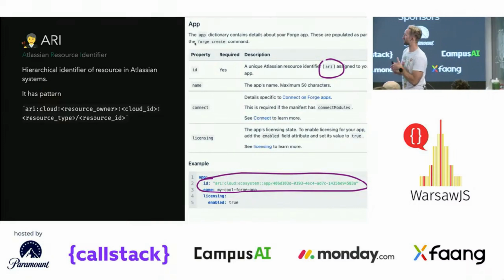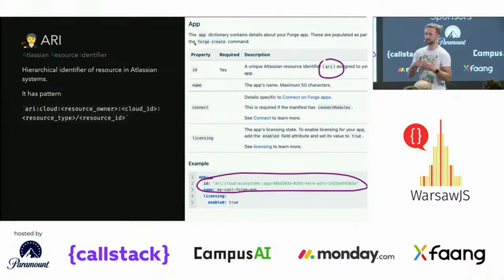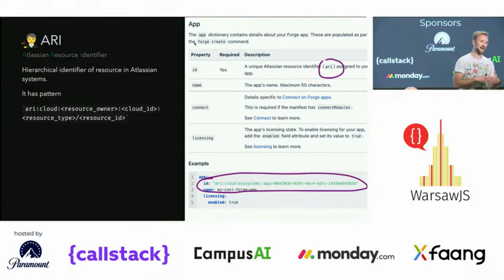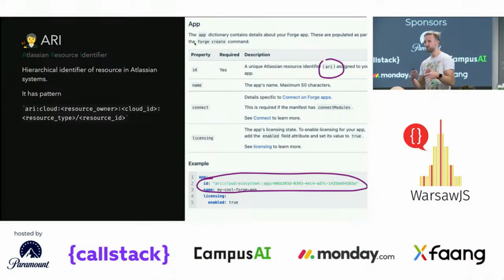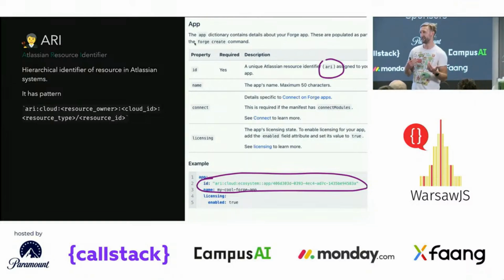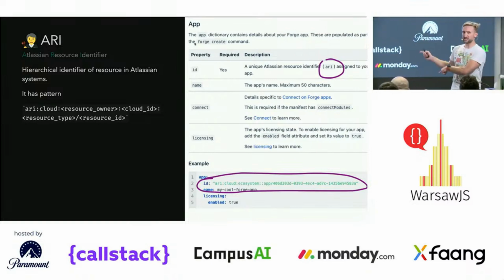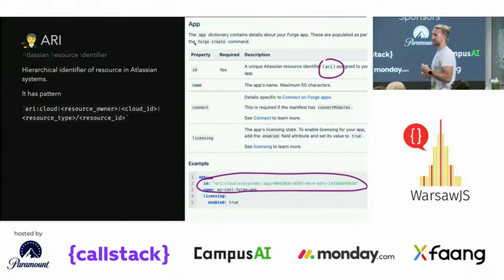At some point, I was working at Atlassian in the ecosystem organization, and we were using the ARI, which is the Atlassian Resource Identifier. If you're using AWS, there is something like ARN, Amazon Resource Name. Similar idea. This is a hierarchical identifier.